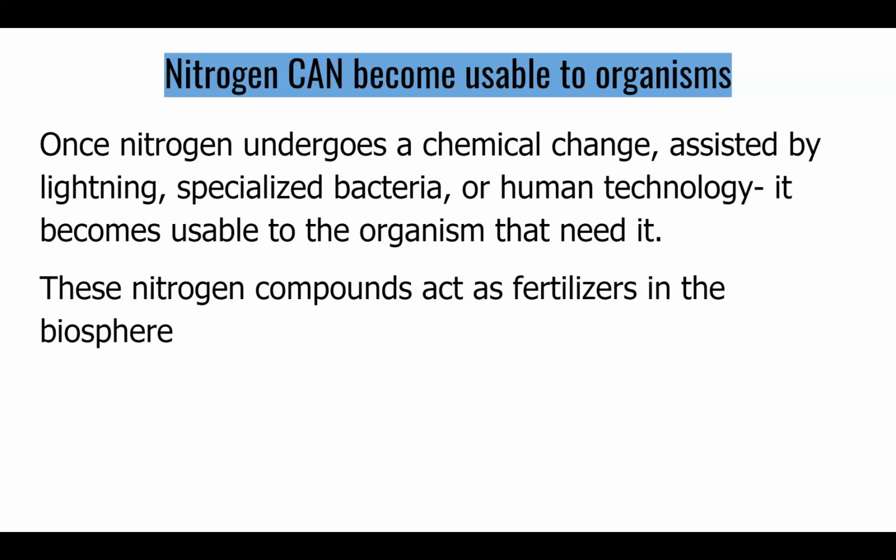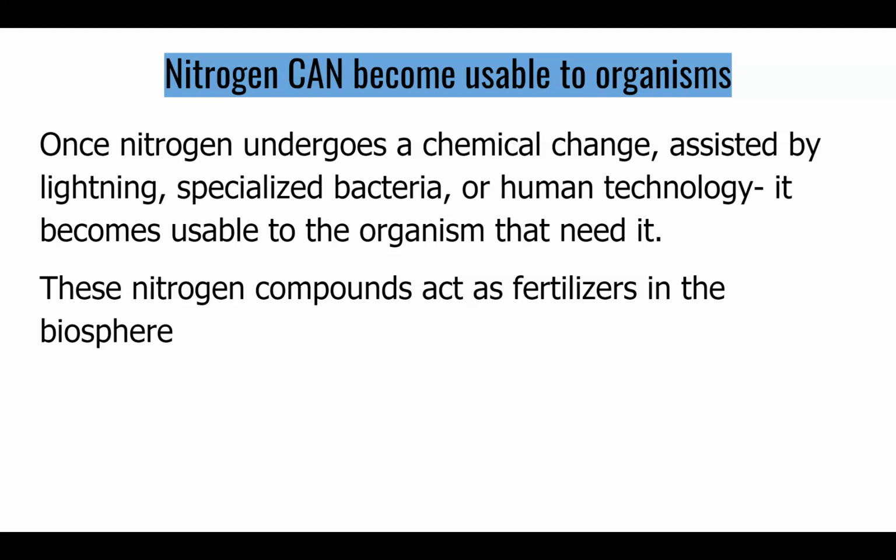Three ways nitrogen can get out of the atmosphere: lightning strikes, special bacteria, or human technology we developed right before World War One. We can take nitrogen gas and make it into something that we can use. Those are the three ways nitrogen gets from the atmosphere to the biosphere.